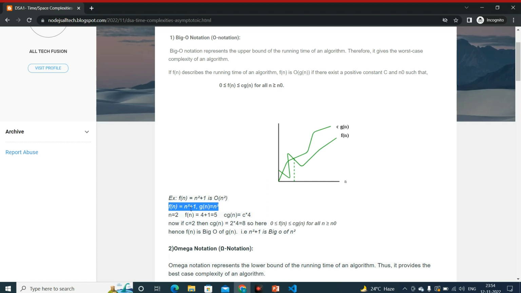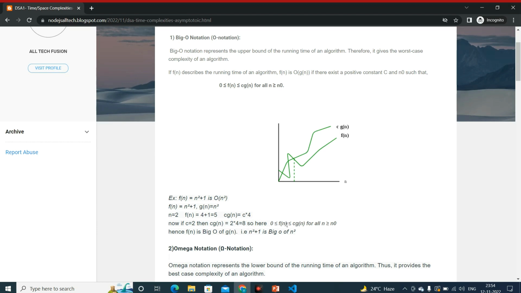Consider f of n equal to n square plus 1, g of n equal to n square. Taking n as 2, f of n is equal to 4 plus 1, which is 5. And c g of n is c into 2 raised to 2, that is 4, so c into 4. Now if we consider c equal to 2, then c g of n is equal to 8.